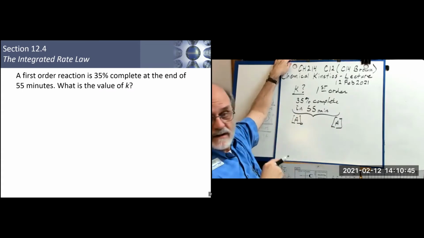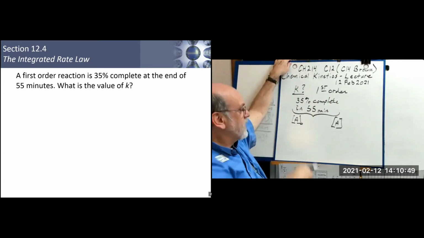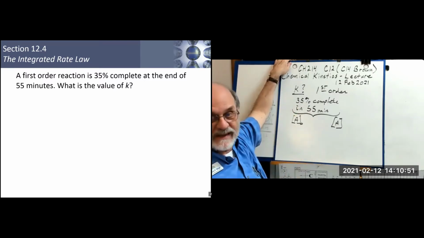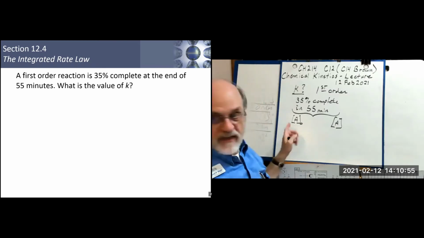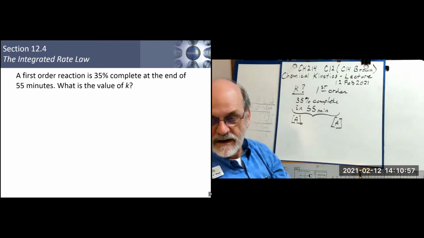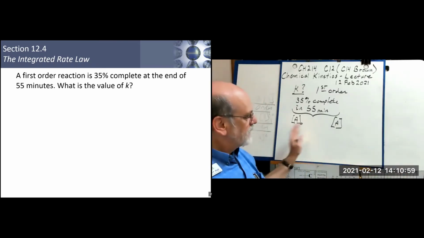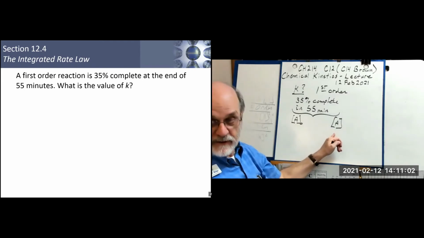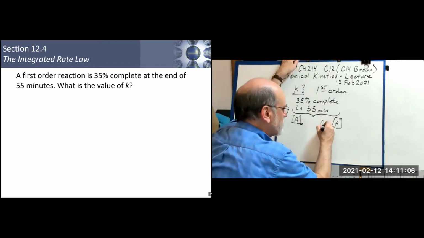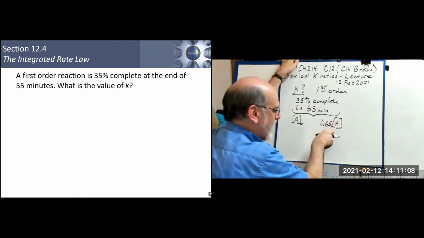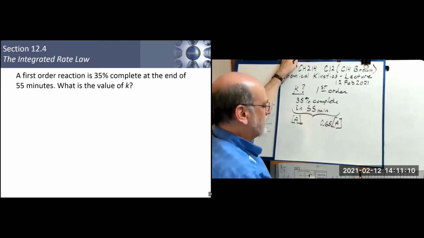You've actually got 65% left, right? Because it says it's 35% complete. That is, complete means all of that is gone. So if it's 35% complete, you've still got 65% of it left over, don't you? So that means this would be 0.65 of that after 55 minutes.